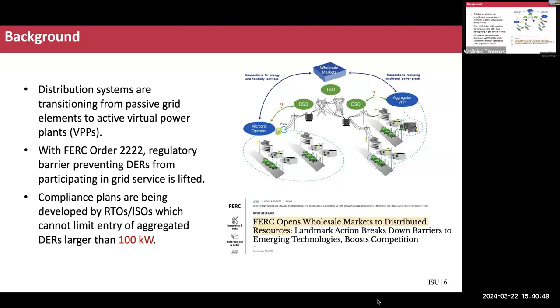So it has to be allowed to integrate into the system for any aggregated DERs larger than 100 kilowatts. Of course, the level of adoption of this order varies in different areas. Some areas in the US are more active in pursuing this. Some areas are less so, but I think we're all moving in that direction.